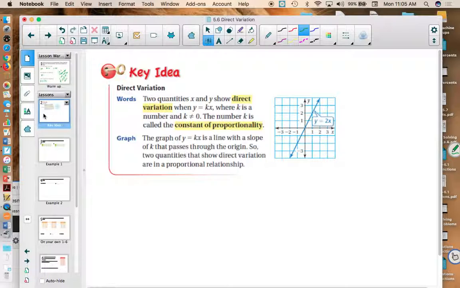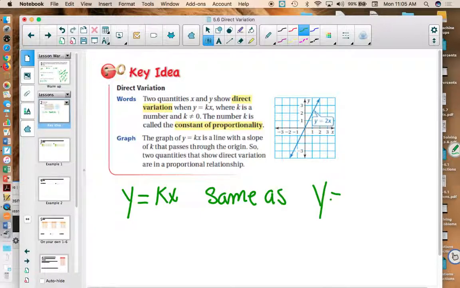One of the things that I hate about this book is that it's showing it as y equals kx, but that is the same thing. K and M are the same thing.